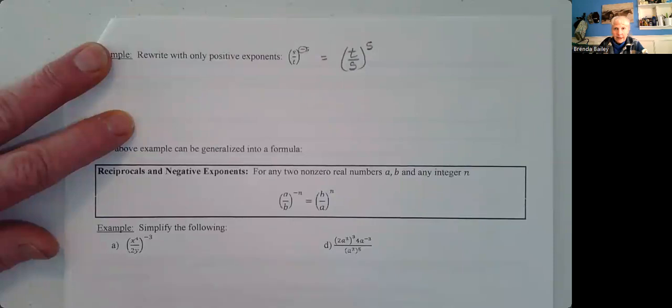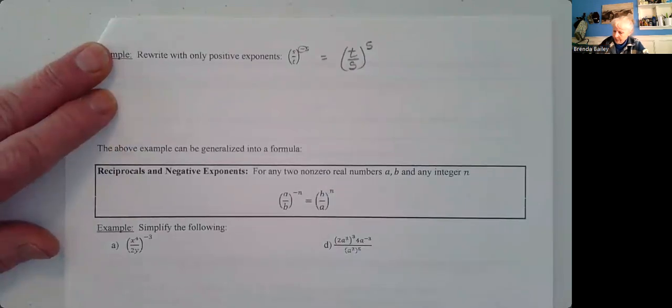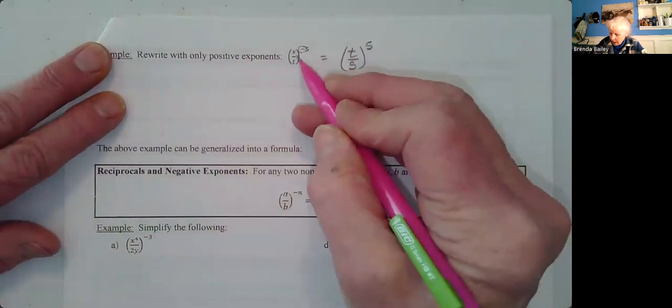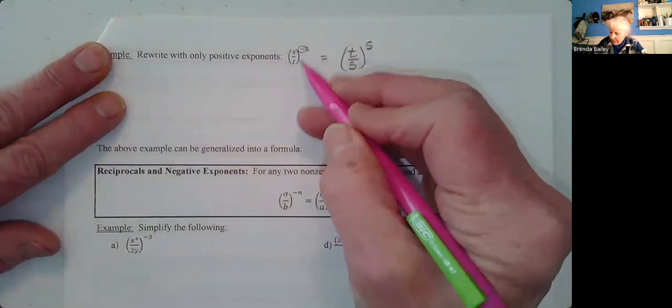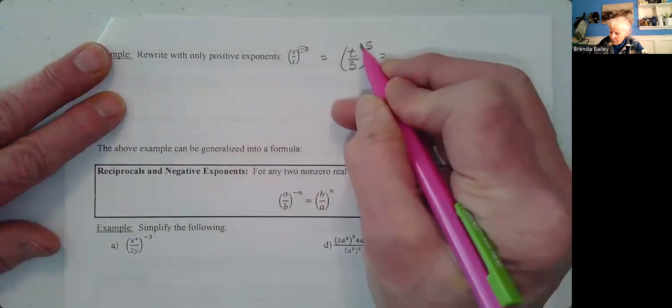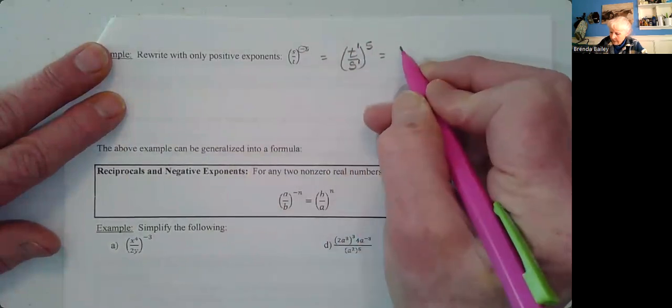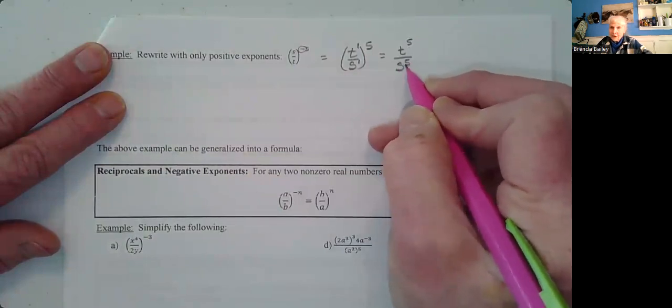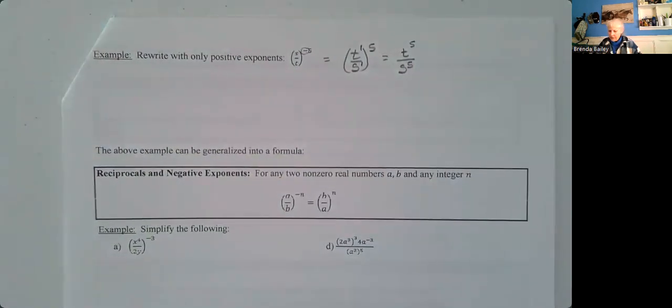And once I've taken care of the negative and made it positive by flipping those, I don't think they're going to use the word reciprocal, but yeah, that's what it means. So here, I change the position of everything inside, and now I can multiply exponents. T to the 5th, S to the 5th, and that's your answer. That's all there is to it.